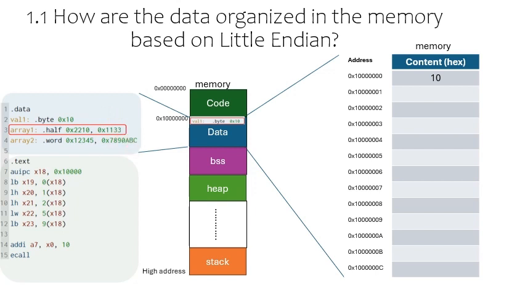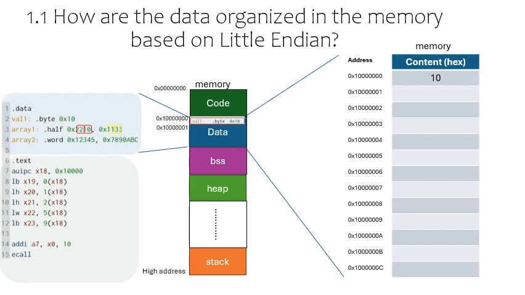Now let's look at the first half word, which is 2210. The first element 2210 will first be stored in the memory after the var1 byte. The ordering of the bytes follows the little endian, where the less significant byte will go first to be stored in the memory.